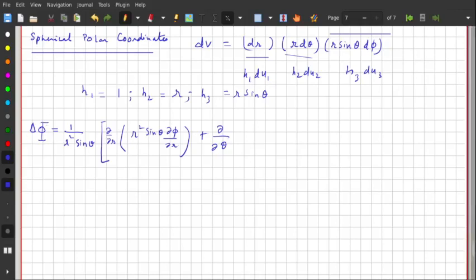Because we are also using phi as a coordinate variable, let's use capital Φ as the function to prevent any confusion.